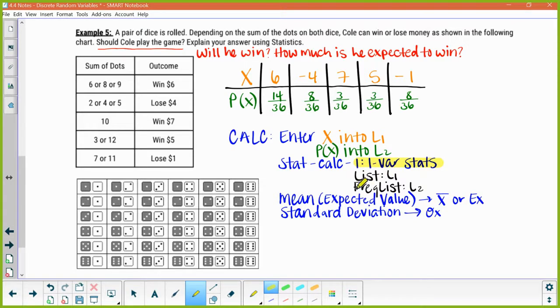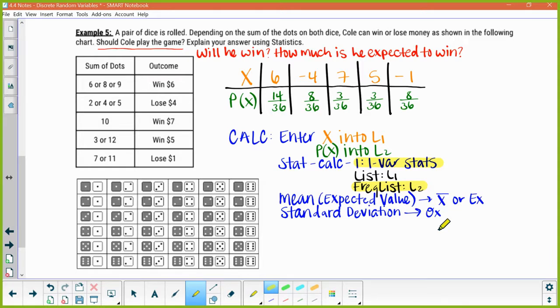We know the probability of getting each value. We know the occurrence. So I'm going to change frequency list to be L2, and you're going to get your mean or expected value. It can be either X bar or E of X. They always come out as the same value. So don't have to worry about making a decision there. And standard deviation is our sigma X.